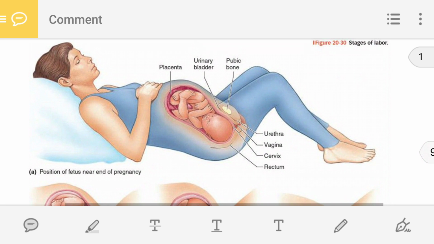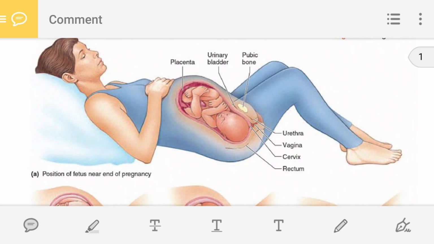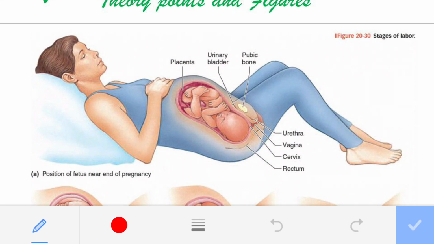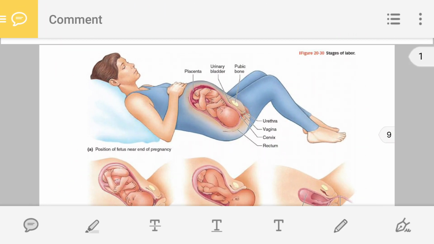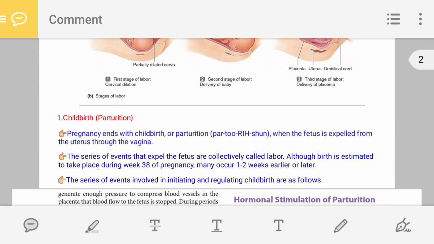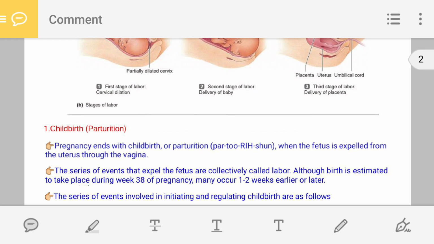As you can see, this is a pregnant mother, and in the womb the baby's body, all the organs and body systems, are developed, and the mother is about to give birth to this child. So, the definition of parturition.